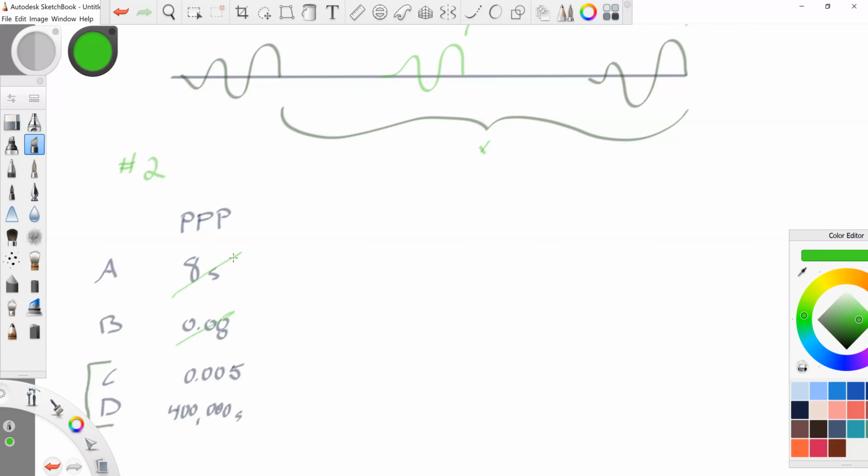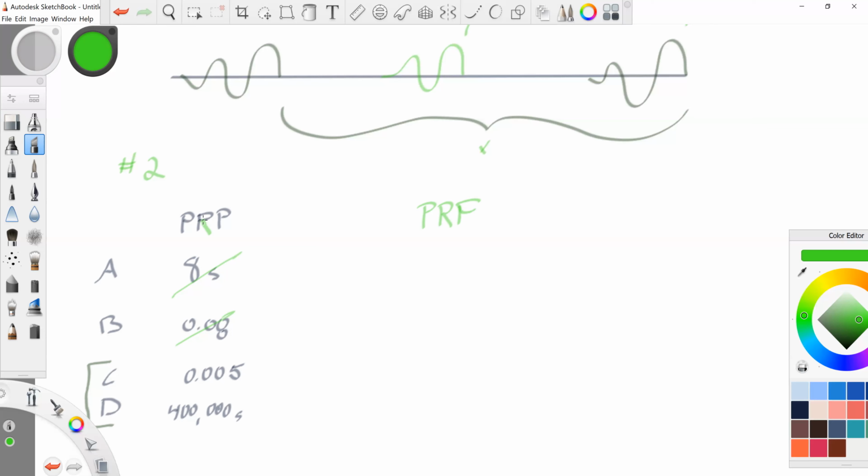You just, what is it looking for? Number 2. Which of the following 4 waves has the highest pulse repetition frequency? So pulse repetition frequency. This is the same thing as the question we just answered.